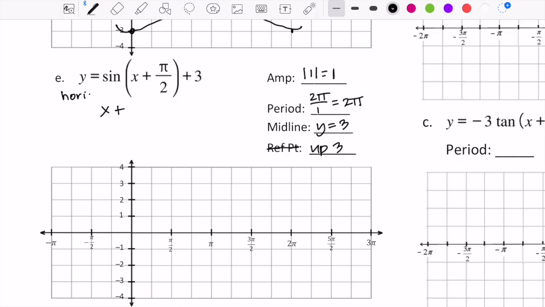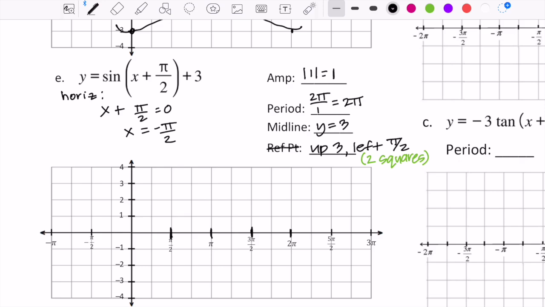So the way we find the horizontal transformation is by setting whatever's in the parentheses equal to 0 and solving for x. So it's going to be left pi over 2. So when I go to 2 pi and I make my marks, I notice that pi over 2 is 2 squares. So when I have to move it left 2, each point is going to be moved left 2 squares.